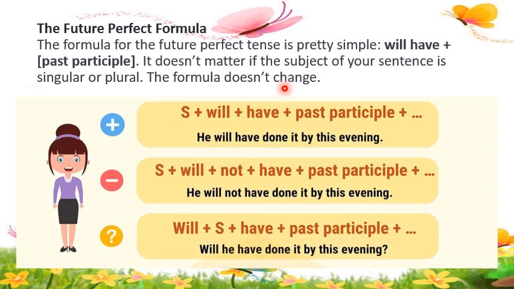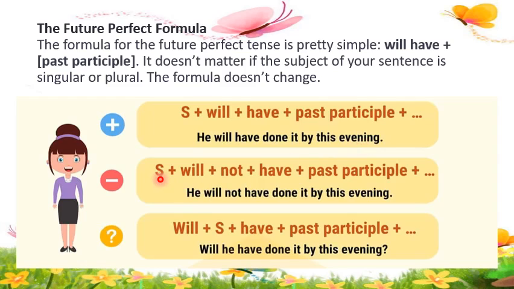For example, if you are using a singular subject or a plural subject like we or they, the formula will not be changed. You can see here the affirmative sentence formula: subject plus will plus have plus past participle form plus object or time expression. Example: he will have done it by this evening.